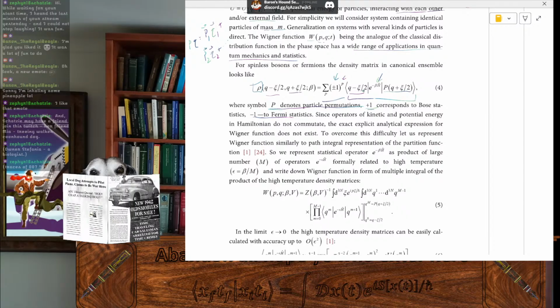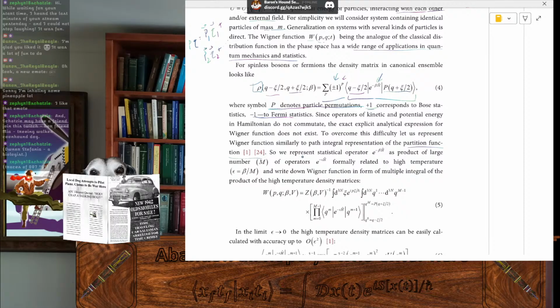Okay, since kinetic and potential energy in Hamiltonians do not commute, an exact, explicit analytical expression for the Wigner function does not exist. To overcome this difficulty, let us represent the Wigner function similarly to path integral representation of the partition functions.